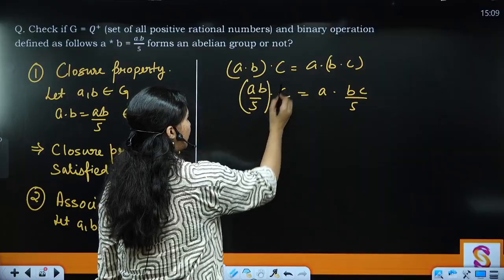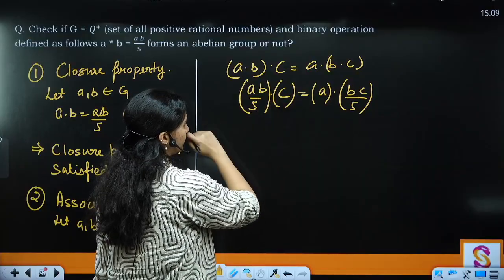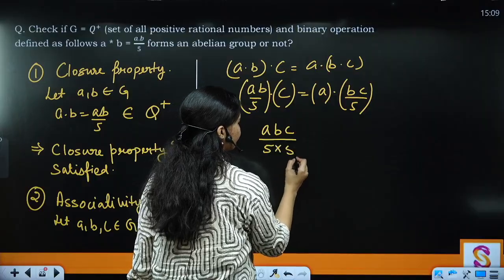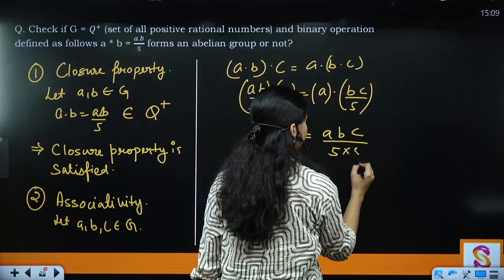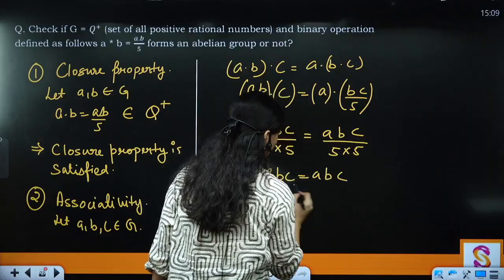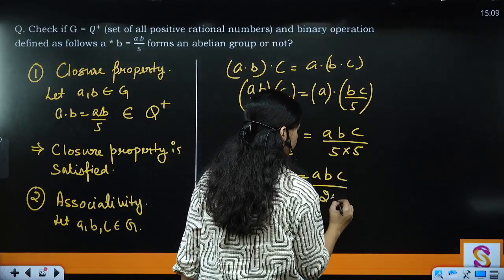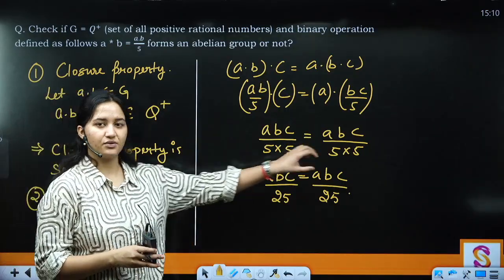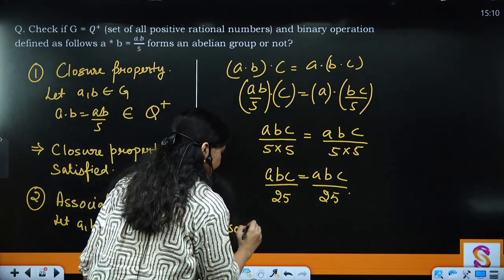Now this is one element, and this is one element. Now this operation is going to be abc divided by 5 into 5, and this is also abc divided by 5 into 5. This is nothing but abc upon 25. So it does not matter in what order you are solving, you are getting the same answer on both the sides, right? So that means associativity is also satisfied.